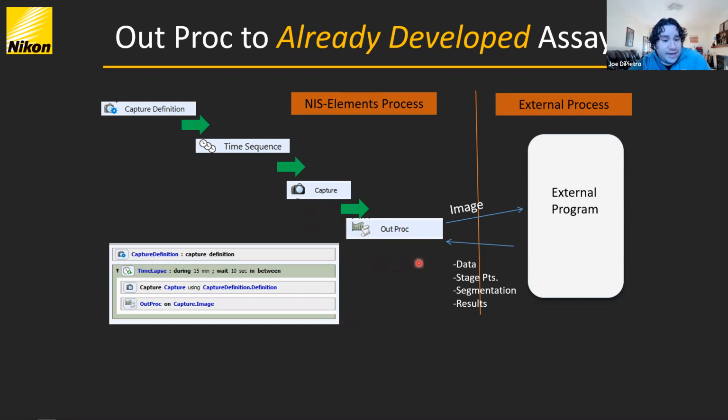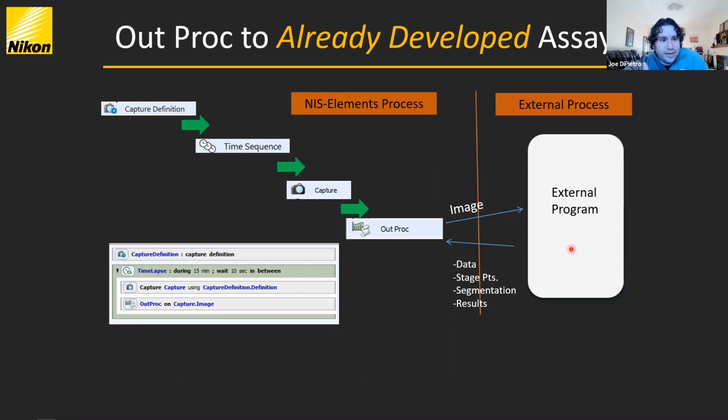we do have folks at Nikon who are really great with this and can help with outprocking, what we call outprocking to other already developed assays, to other programs. So if you have another program that can use the data from NIS-Elements and do something with it and then send it back, if you have an idea of something that you're working on where maybe this could work for you, definitely reach out to Jim and we can put you in touch with the folks at Nikon who really understand this stuff deeply and can help you work through that.